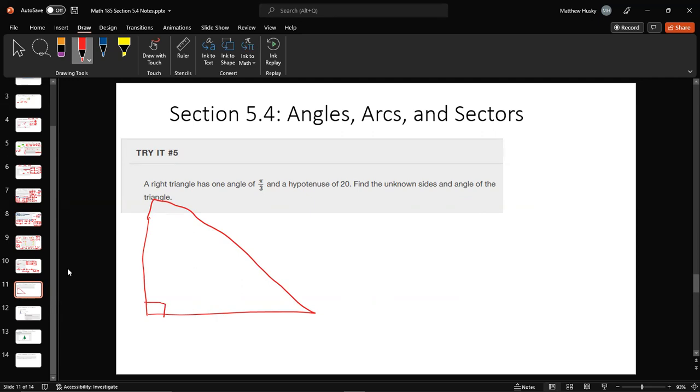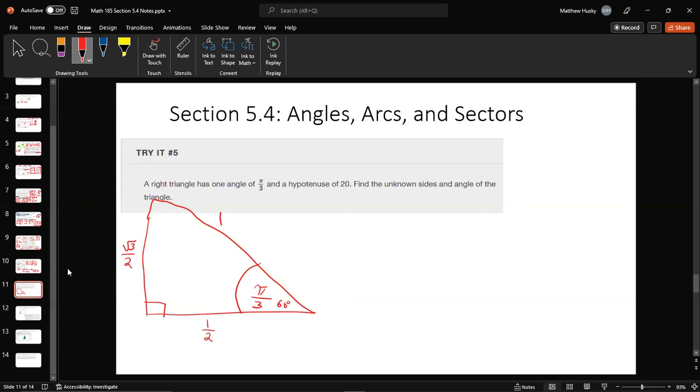So this one down here, this is pi over 3. And you might recall this. When it's across from pi over 3, aka 60 degrees, 180 divided by 3 is 60, this side is root 3 over 2. This side is 1/2, and this side is 1.